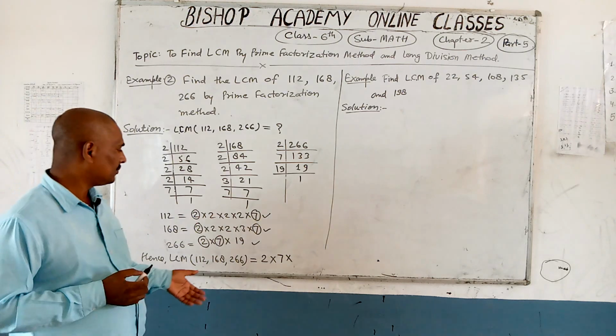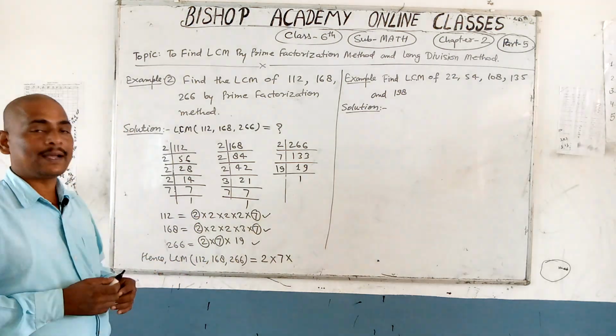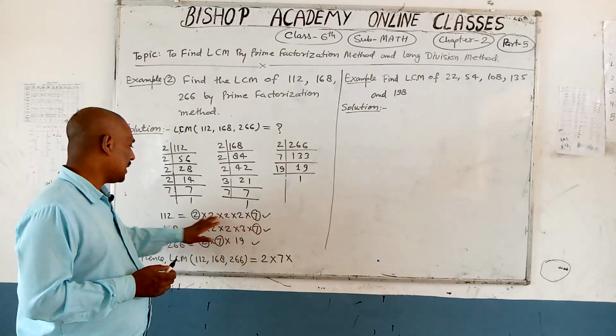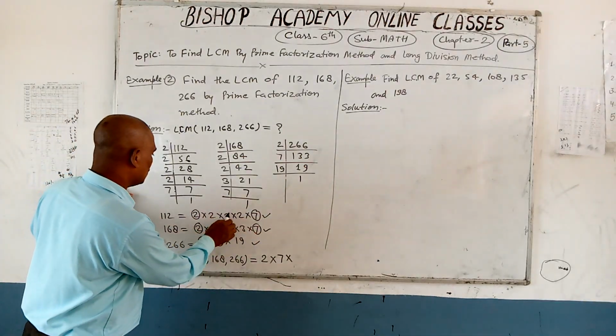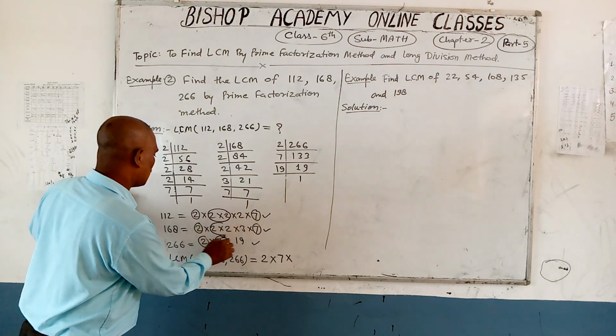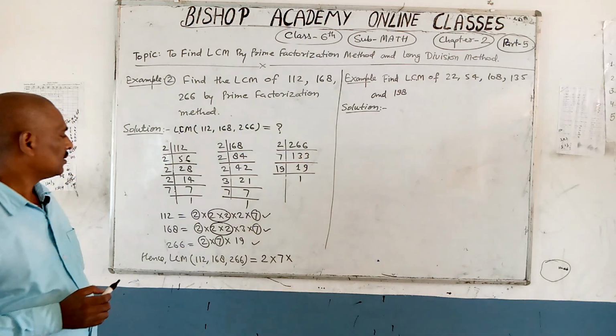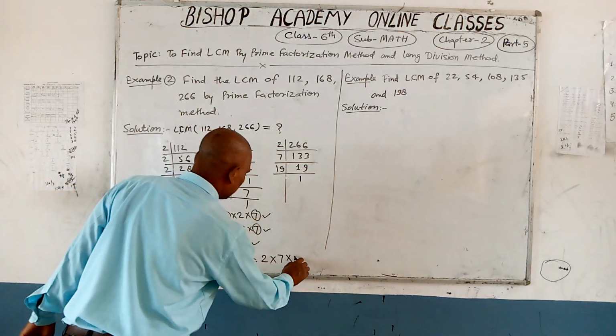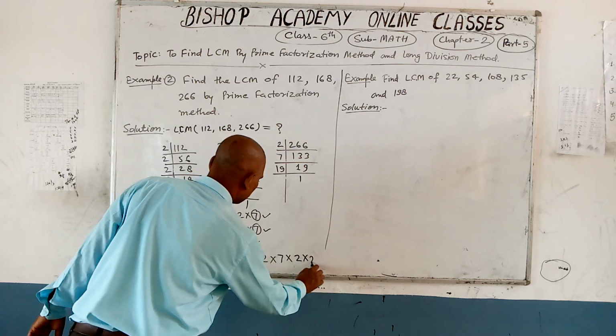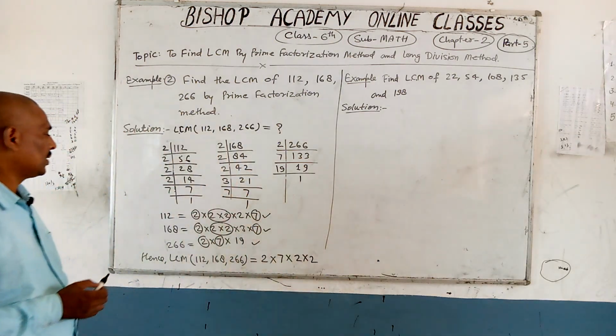Now you can find the common prime factor in the first and second. You can see that this 2 into 2 is common in the first and second. So multiply with here 2 multiply 2.